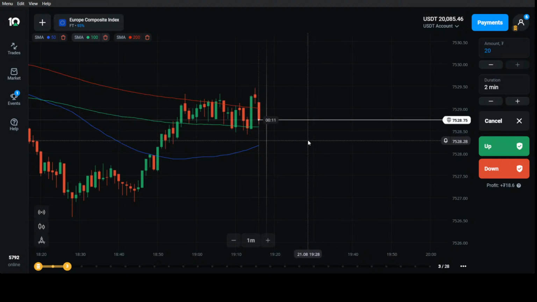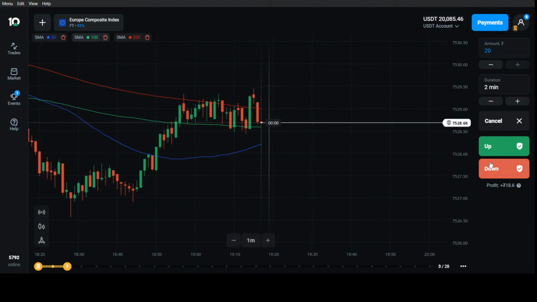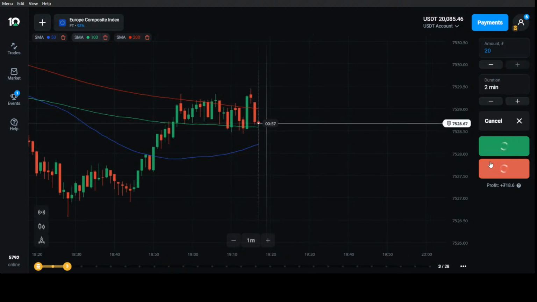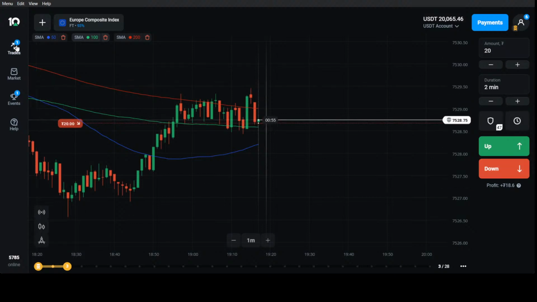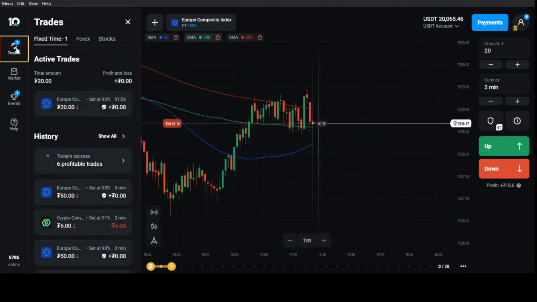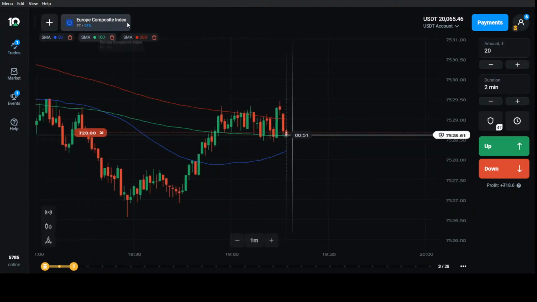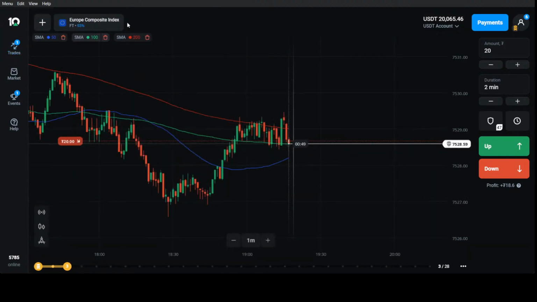Let's see what happens after this candle. Let's make this trade. I am sure it is going to flip, but still, let's just make it. And I'm not going to check this trade till it ends.